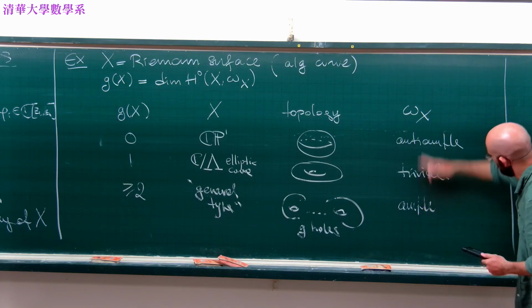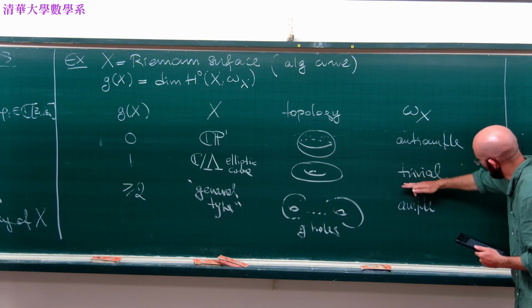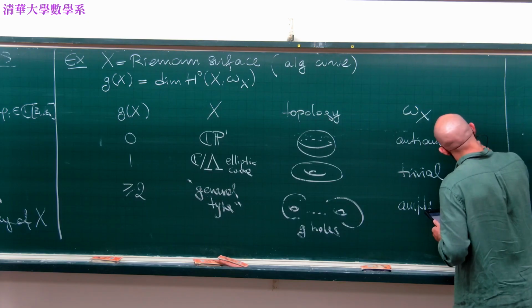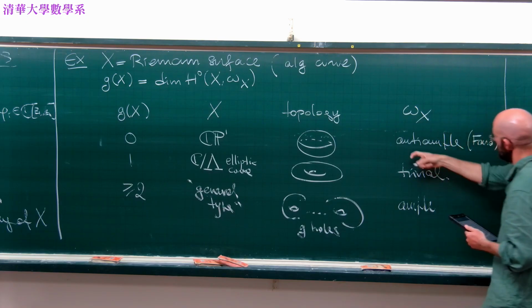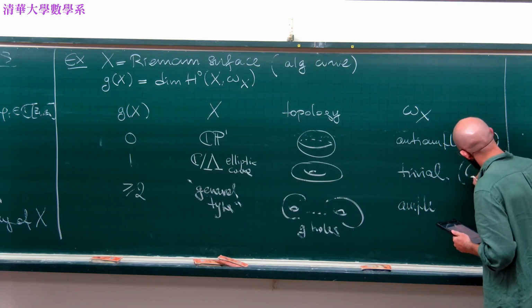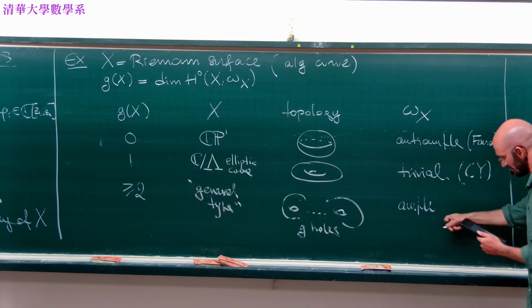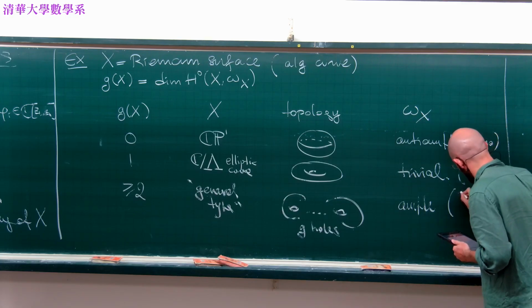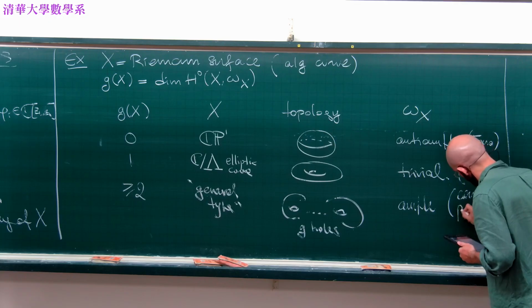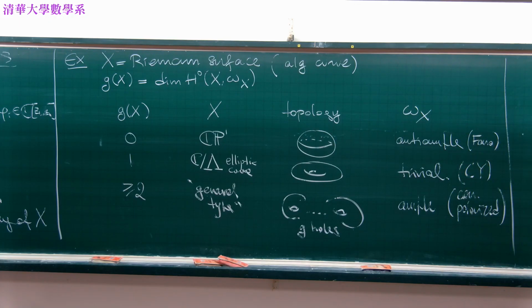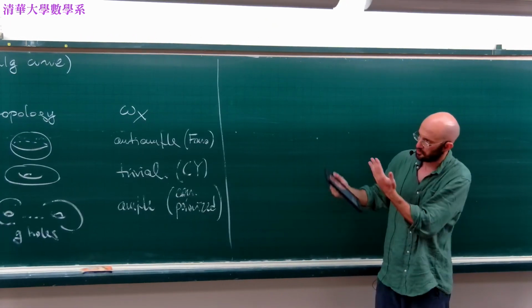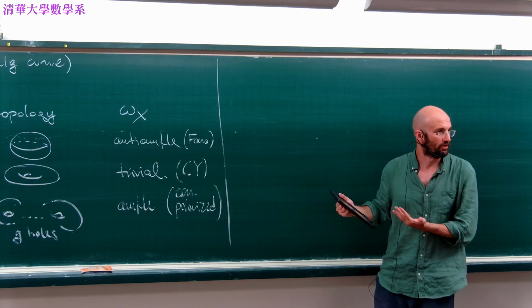These three types of varieties we will call Fano, when omega X is anti-ample, Calabi-Yau, when it is trivial, and canonically polarized, when omega X is ample. Okay, so for curves, the picture is very nice. The genus detects a lot of interesting geometry of the curve.